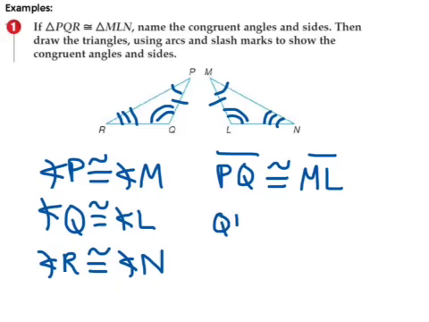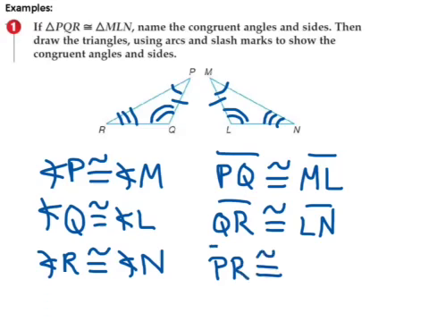Next, QR is our second segment listed within our first triangle. LN is the second segment listed in our second triangle. And finally, we know that PR will be congruent to MN.